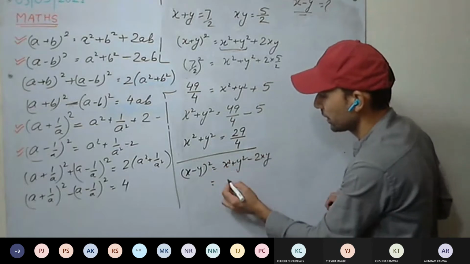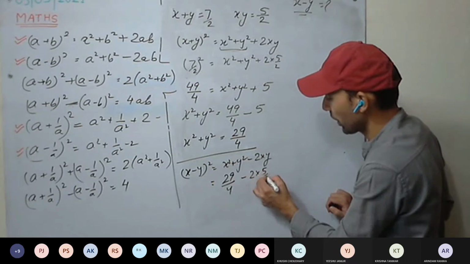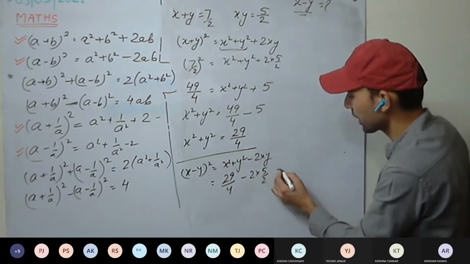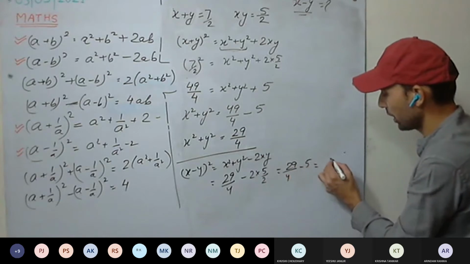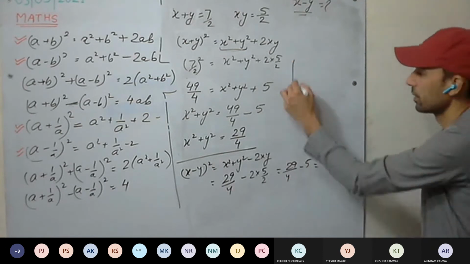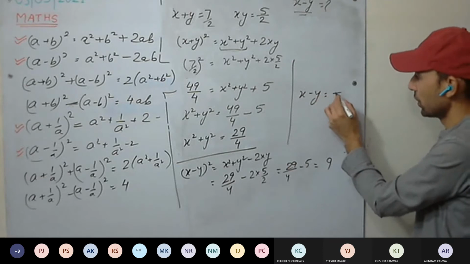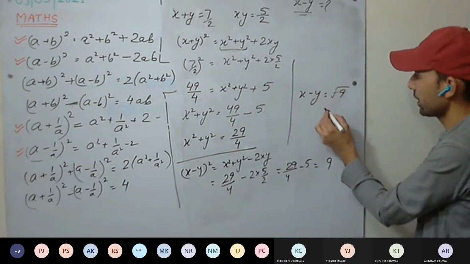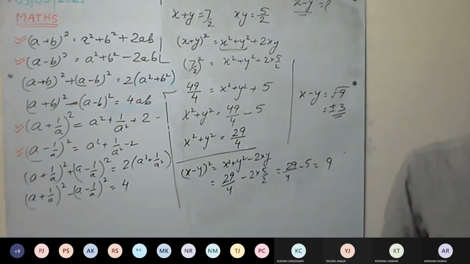Put the values. 29 upon 4 minus 2 into 5 by 2. 2 get cancelled. Again, we are getting 29 upon 4 minus 5. Okay. 9 upon 4 we have got. So x minus y value will be how much? Root of 9 upon 4. It will be how much? Plus minus 3 by 2.